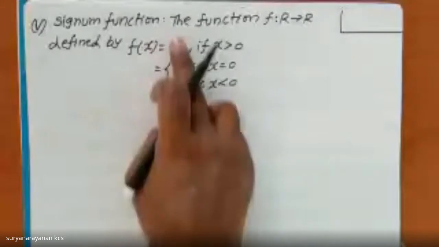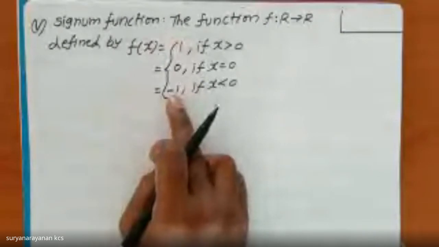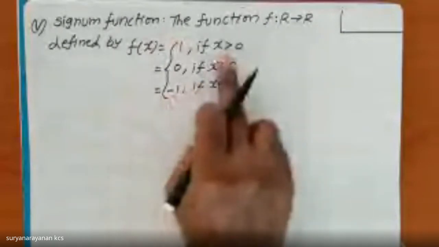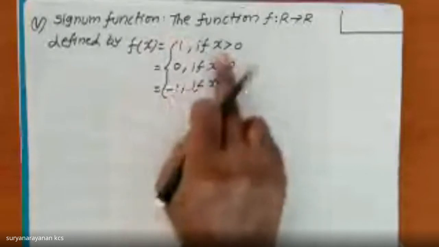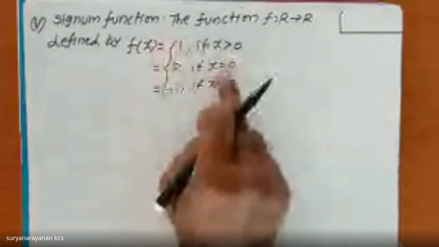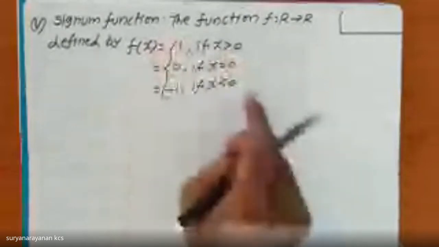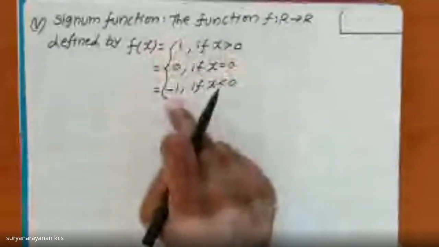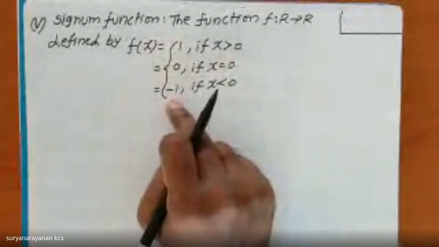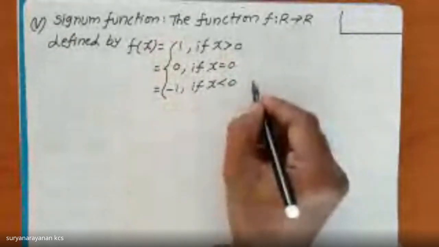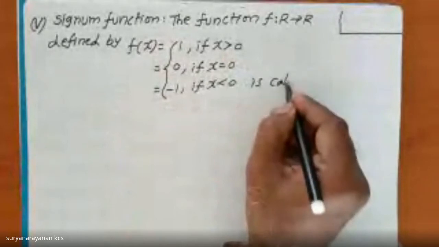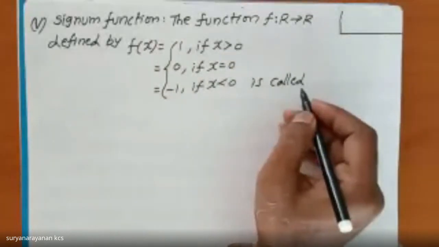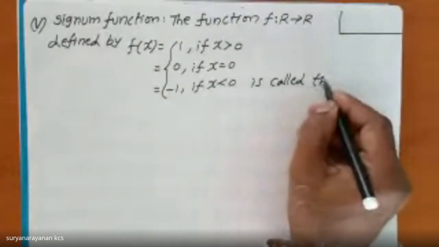In three different ways f of x is defined. For every positive real number, f of x value is 1. For 0, f of x is 0. And for every negative real number, f of x value is minus 1. This function is called the signum function.